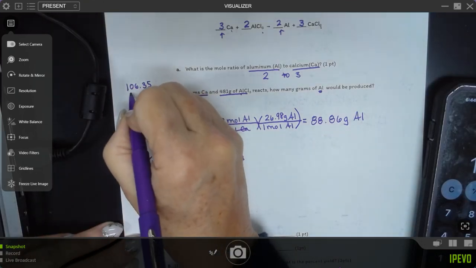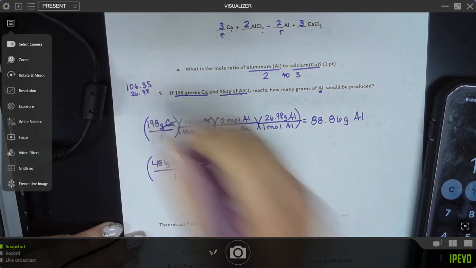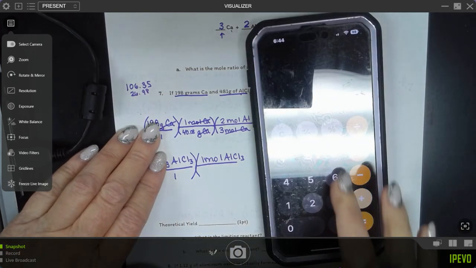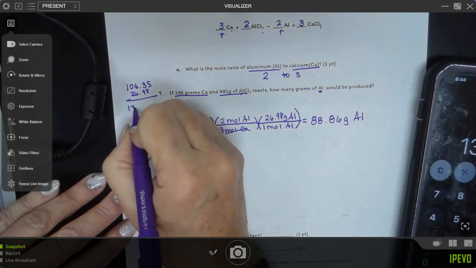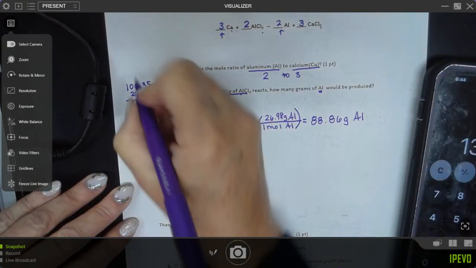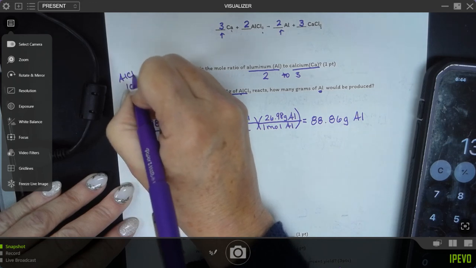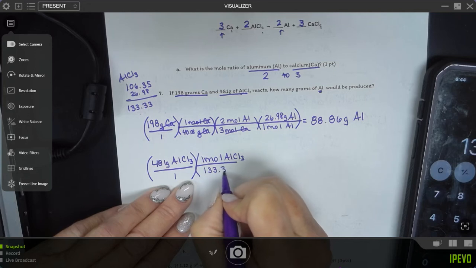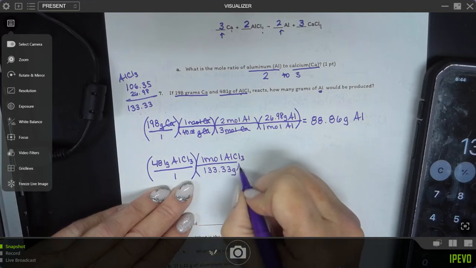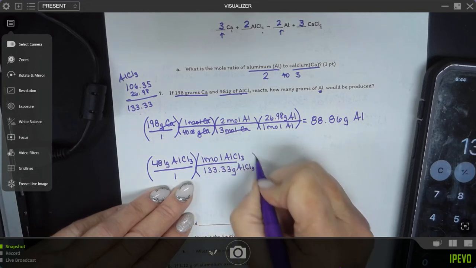And then aluminum was 26.98, which gives 133.33. So that's going to go down here, 133.33 grams of aluminum chloride.